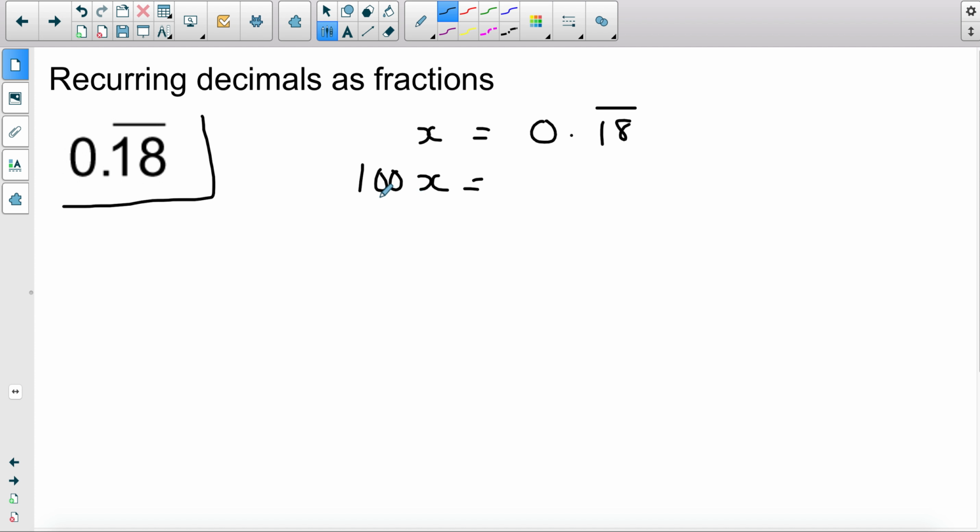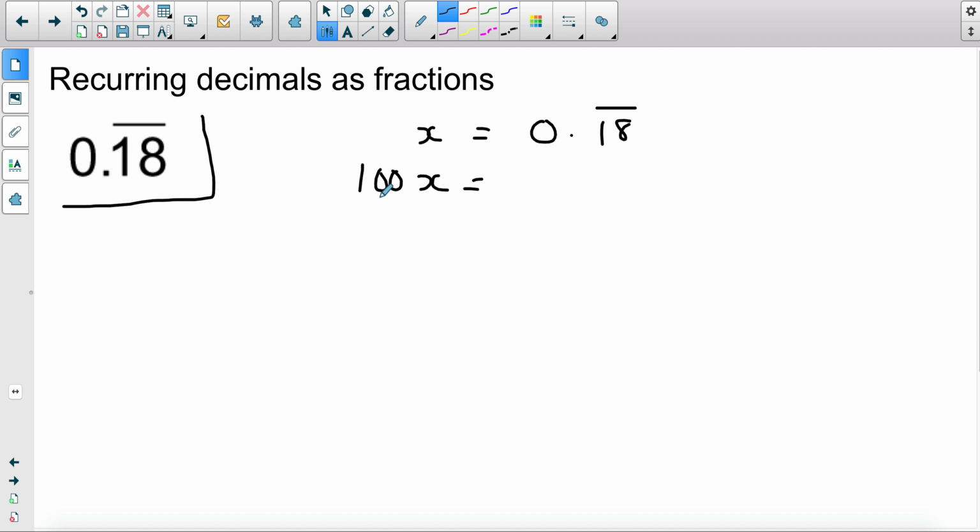Notice that the first decimal place has 1, second decimal place has 8, third decimal place has 1, and so on. So you want to make sure that they match such that when you minus them, they cancel out. And therefore, on the right-hand side, you only end up with 18, and on the left-hand side, you have 100x minus x, which is 99x.